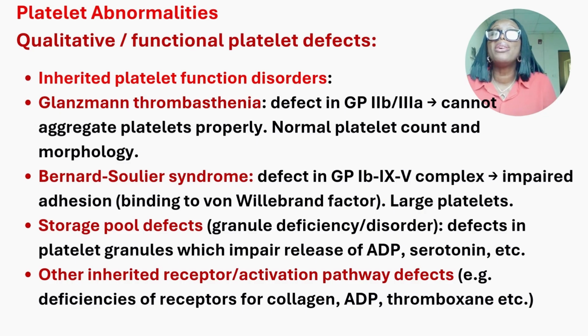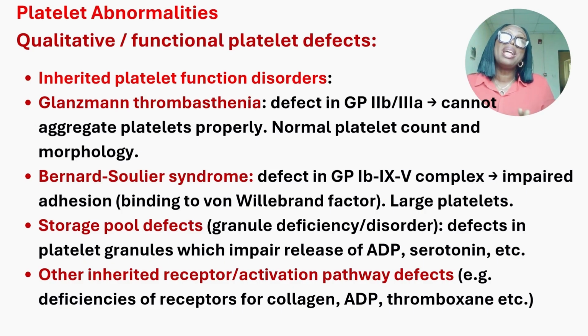And then we have another inherited disorder of platelets, what we call Bernard-Soulier syndrome. Bernard-Soulier syndrome is a defect in the glycoprotein 1B complex, another receptor on the surface of the platelet. This receptor is what helps platelets to adhere to the site of injury.